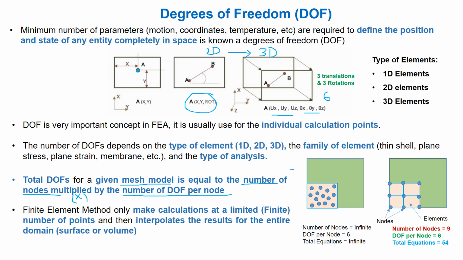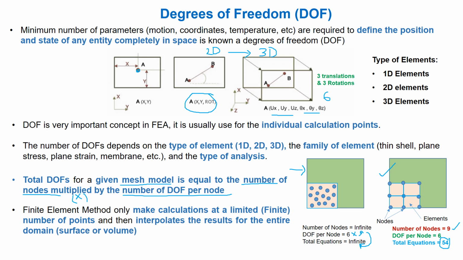If we take this example, the number of nodes is infinite and DOF per node is 6. If we multiply these two, the total number of equations becomes infinite. But if we consider this one, the number of nodes is predefined as 9 and DOF per node is 6. So, the total equations become 54.